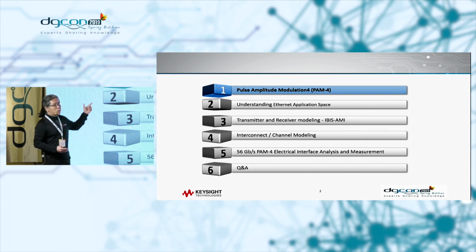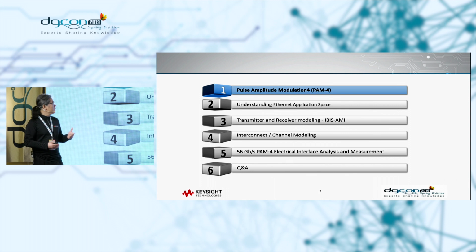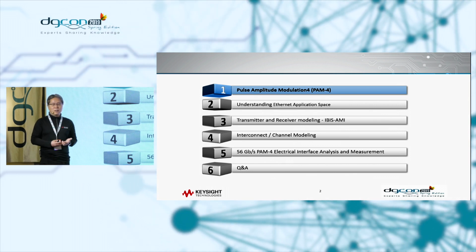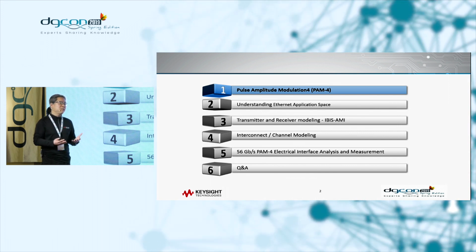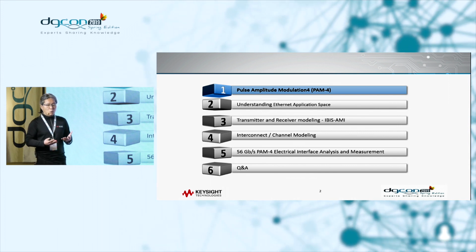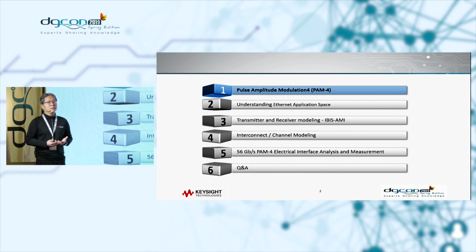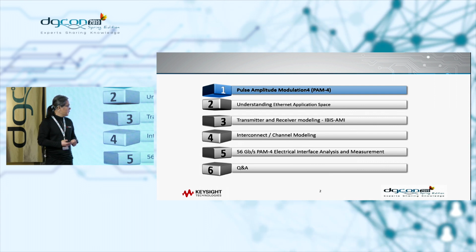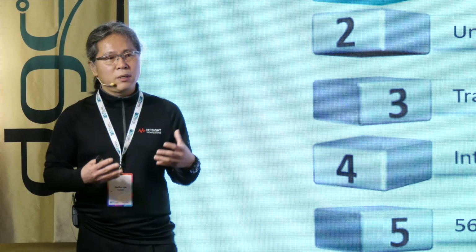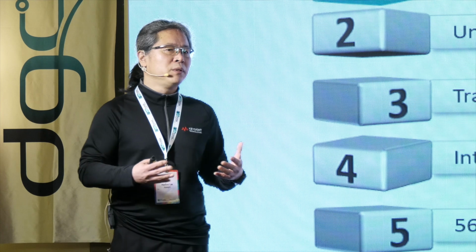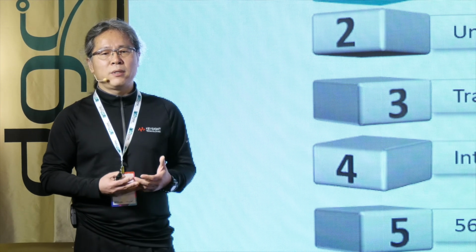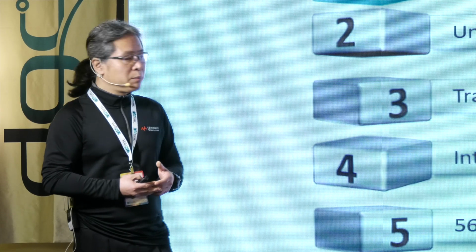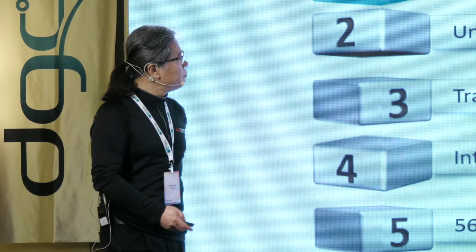Talking about PAM4 signaling, and then I'll be talking about the application space, the interconnects as well, how we go about the modeling of those interconnects, and also the modeling of the transmitters and receivers. And then finally, we're going to put everything together to make up reference designs for 400 gig data center application boards. Then we'll probably go for the Q&A.